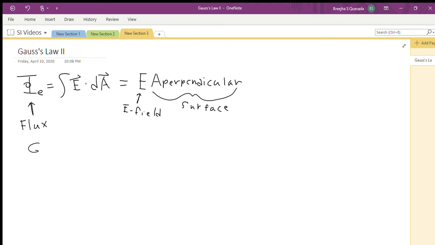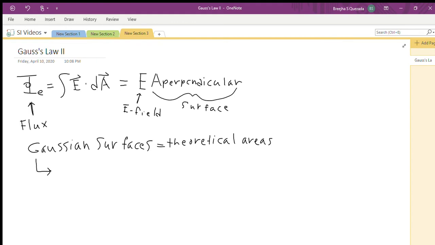Gaussian surfaces are just theoretical areas. It's not necessarily that there is a cube around this infinite plane of charge. It's just that if you were to take the shape of a cube, you could potentially find something out about either the E field or the flux.